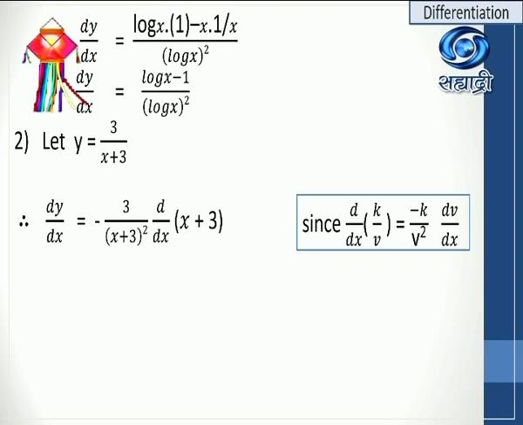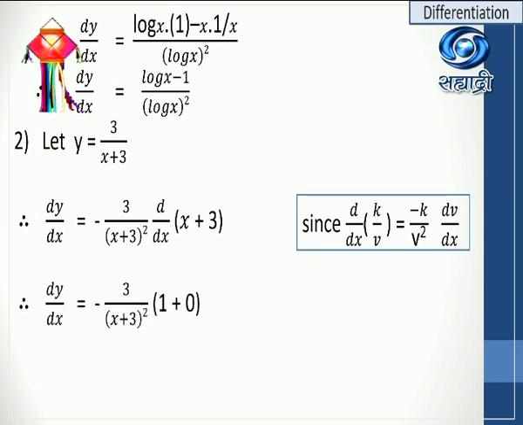Now derivative of x plus 3 is derivative of x plus derivative of 3. 3 is constant, so its derivative is 0 and derivative of x is 1. Therefore, dy by dx is equals to minus 3 upon x plus 3 whole square into bracket 1 plus 0. Therefore, dy by dx is equals to minus 3 upon x plus 3 whole square.